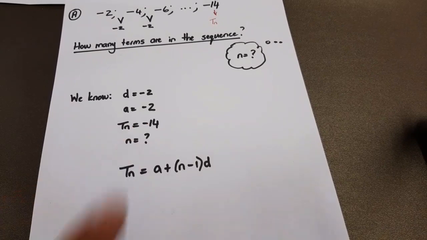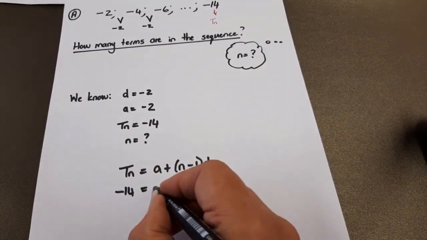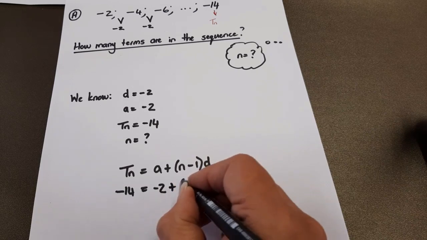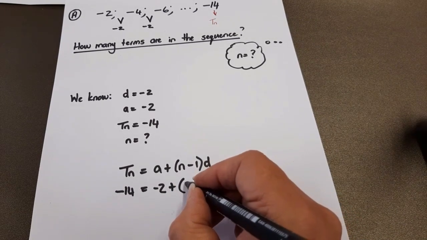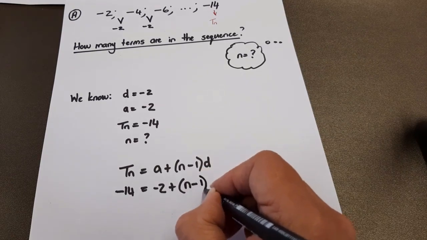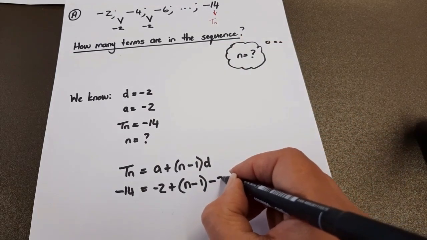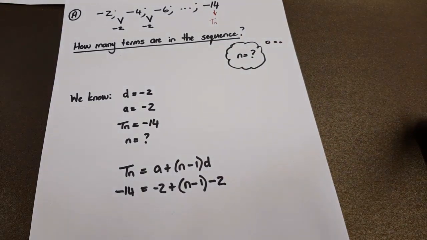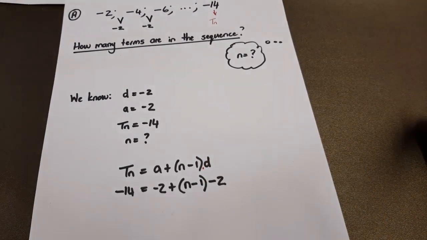Tn is minus 14. a is minus 2 plus. We have to work out n's value, so we keep it in, but d's value is minus 2. I can't write it like that because we have to multiply d with the bracket.